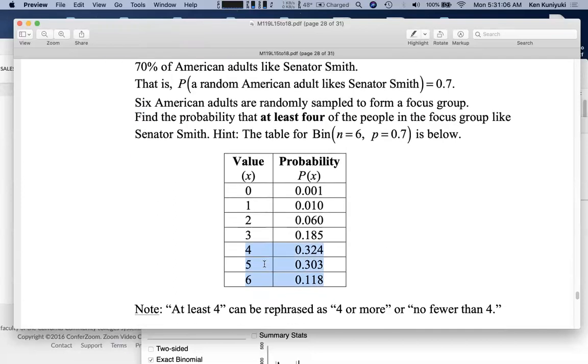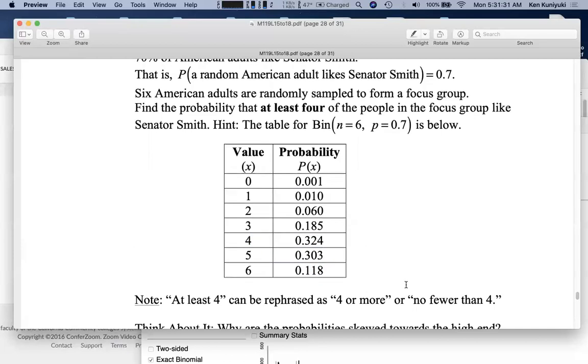Remember, at least 4 includes 4, so we want to include this probability. And we also want to go higher. We also want P of 5 and P of 6. In the end, we want to add P of 4, the probability of exactly 4 people liking Smith, P of 5, the probability of exactly 5 people liking Smith, and P of 6, the probability that all 6 people like Smith. We're going to add these probabilities.